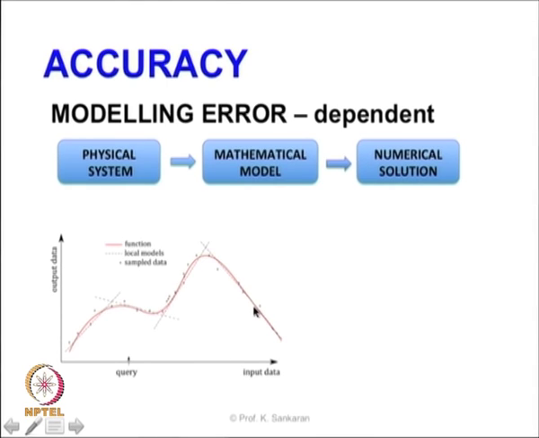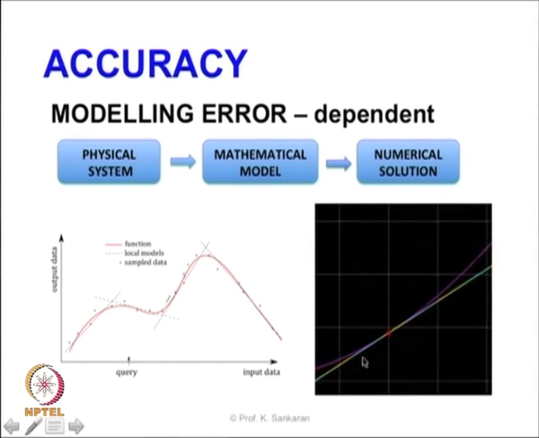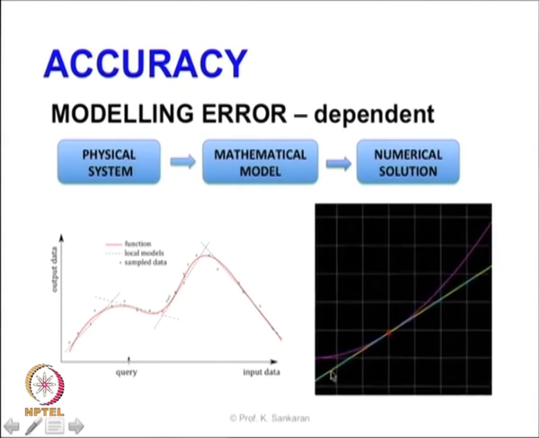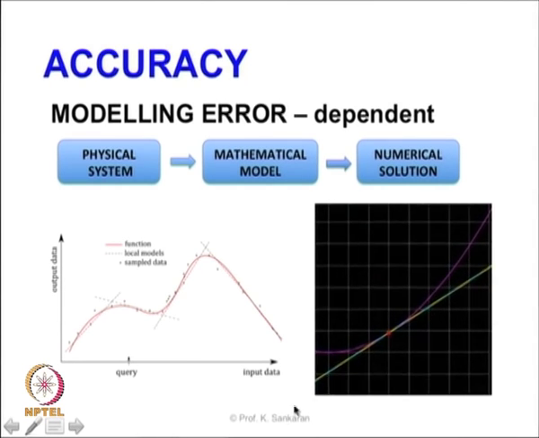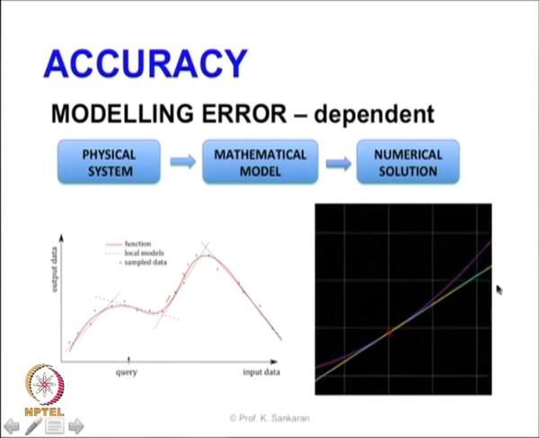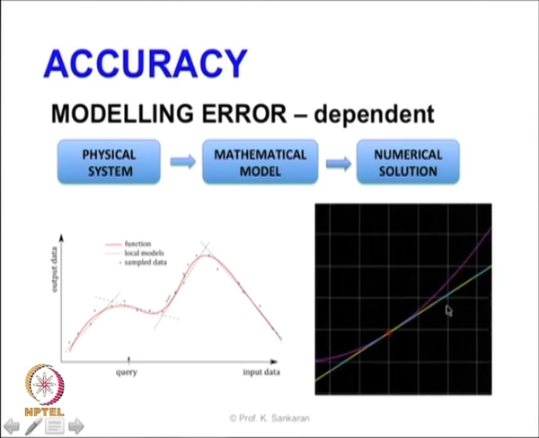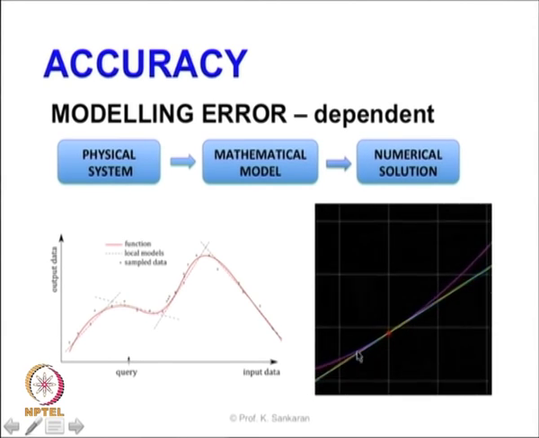Obviously all these things are going to lead to some kind of error, but the idea is when you go from a very coarse mesh to a very fine mesh, at the limit the discrete approximation, which is shown approximately here by this white curve, is going to be as close as possible to the real function, which is given here in magenta color.